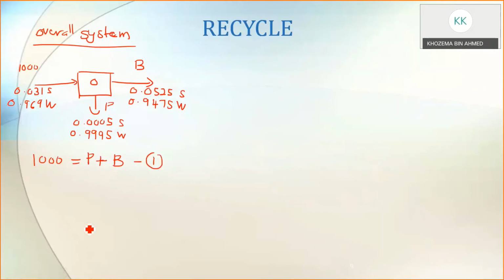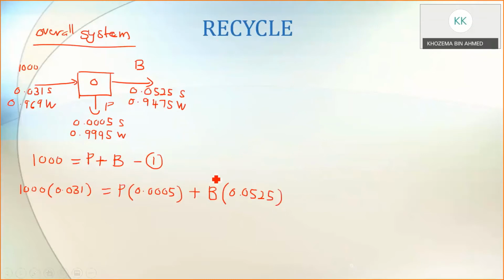If I were to do a balance on salt, meaning that I have 1000, my feed, times the composition of salt in my feed, 0.031, is equal to P, which is my desalinized water, times the composition of salt in P, 0.0005, plus B, my brine waste, times the composition of salt in brine waste, 0.0525. So this is my second equation.